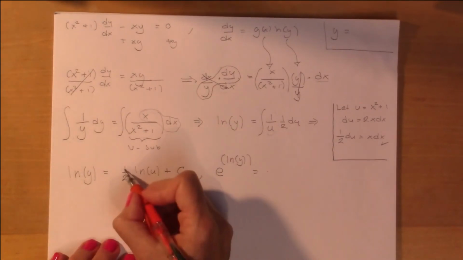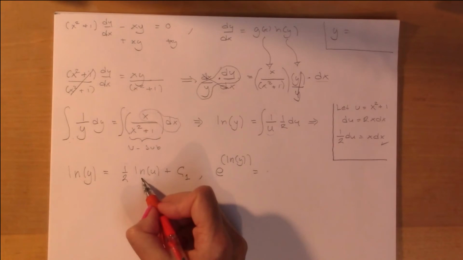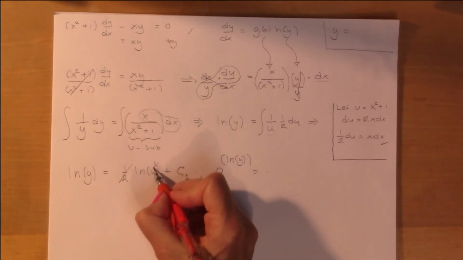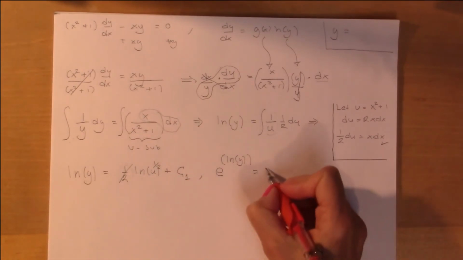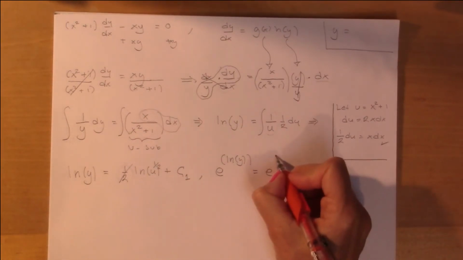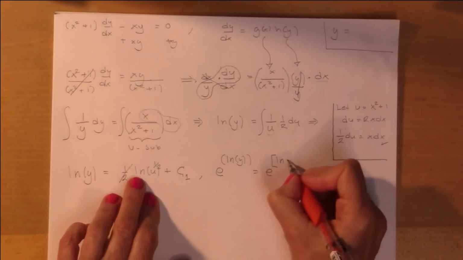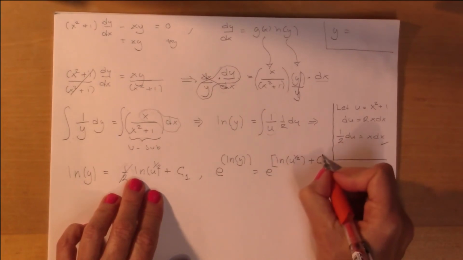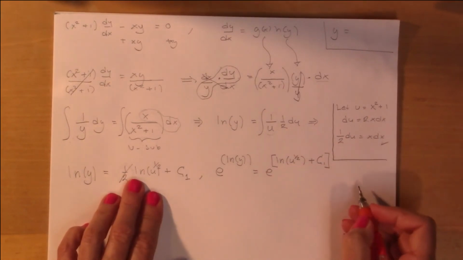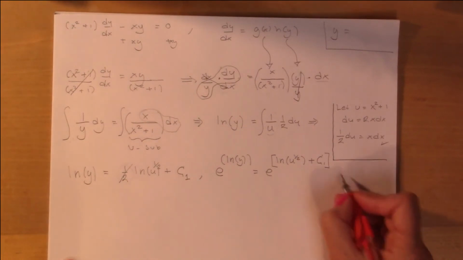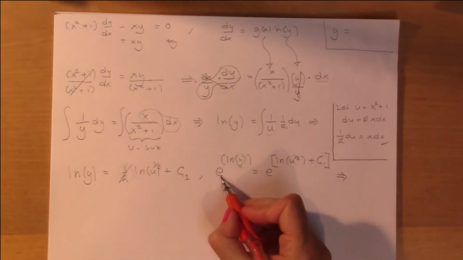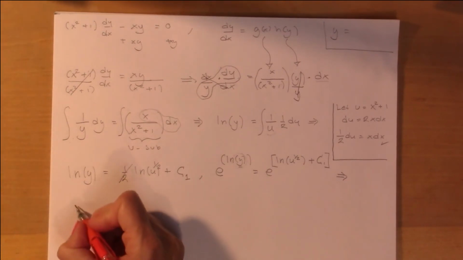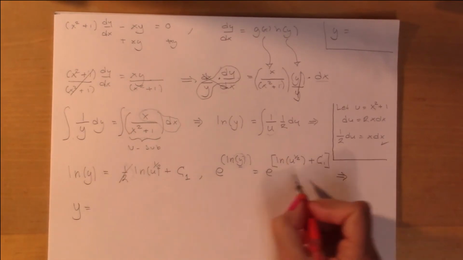First, one thing to remember from the properties of logarithms: the coefficient here, the constant, is the same as writing that as the power up here. So I'm doing that right away. So then we have e to the power of ln of u to the power of 1/2 plus C1, that constant. Now, if you remember from the properties of logarithms, e to the power of ln brings out the variable. So now we have y equals, and I'm going to split this up.